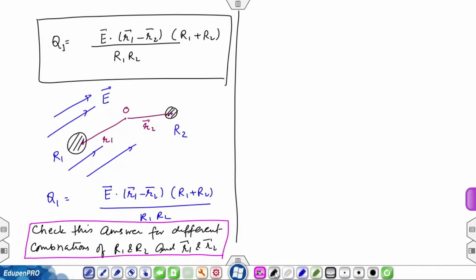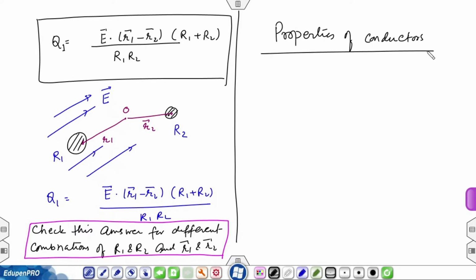So, we now come back to properties of conductors. In the previous lecture I had counted 3.